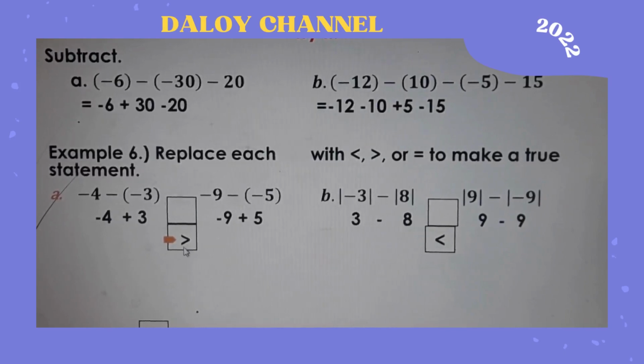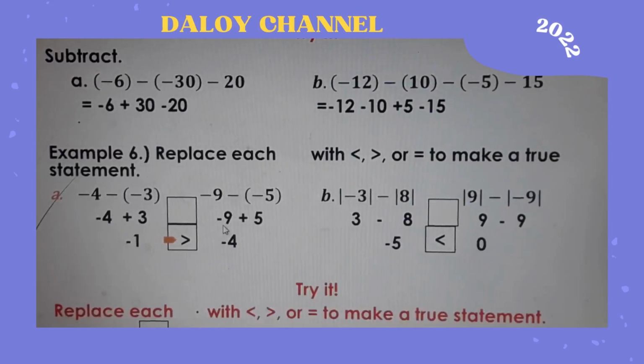What symbol should be used in order to satisfy the statement? Compared to negative 9 minus negative 5, simplifying further: negative 4 plus 3 compared with negative 9 plus 5. So adding them, we have negative 1 compared to negative 4, so negative 1 is greater than negative 4.